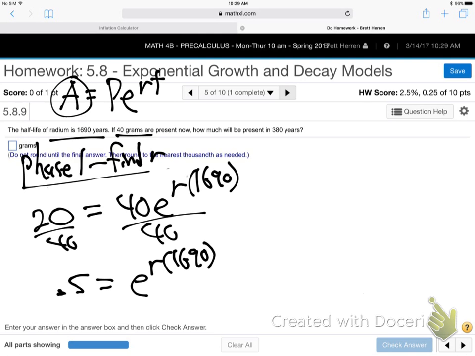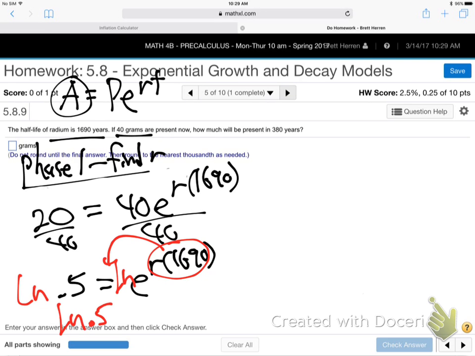Does that make sense? So you either want to go directly to the 0.5 or just put in the actual numbers and divide, you'll get 0.5. Either way, we got ourselves a 0.5, half. All right? You know the next trick, right? Natural log of both sides. Natural log, and the power drops down.